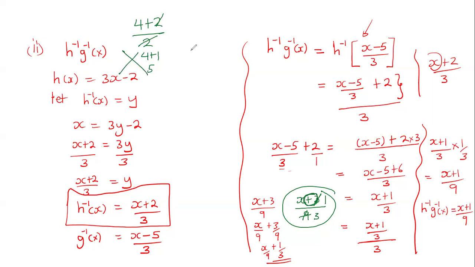Yes, teacher. So if you have 4 plus 2 out of 2, you can separate them and say 4 out of 2 plus 2 out of 2. Then 4 divided by 2 is 2, plus 2 divided by 2 is 1, which is equal to 3. But don't just cancel the way they are.